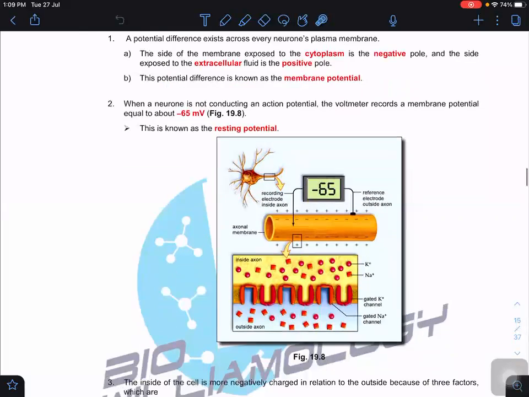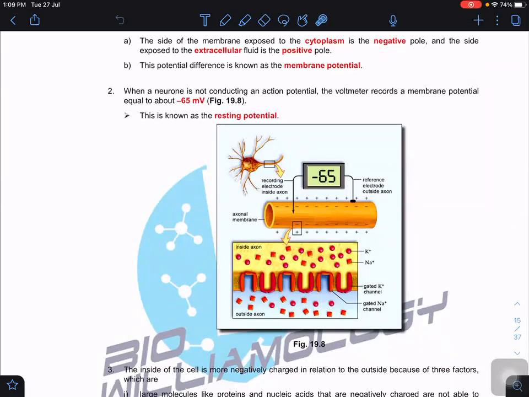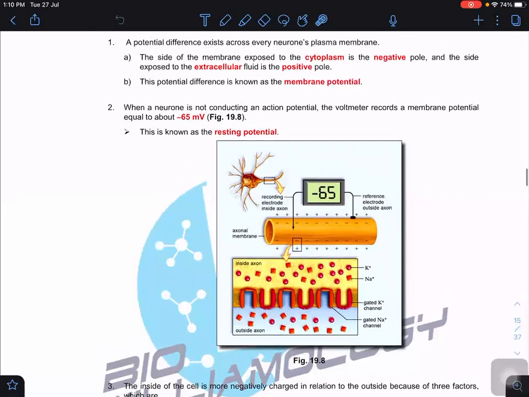We use an electrode to check, and you will realize that there is a membrane potential of negative 65 millivolts. If you use the electrode to check, one electrode you place on the surface, another one you place inside the cytoplasm, then you can see that there is a potential difference of 65 millivolts in this case.